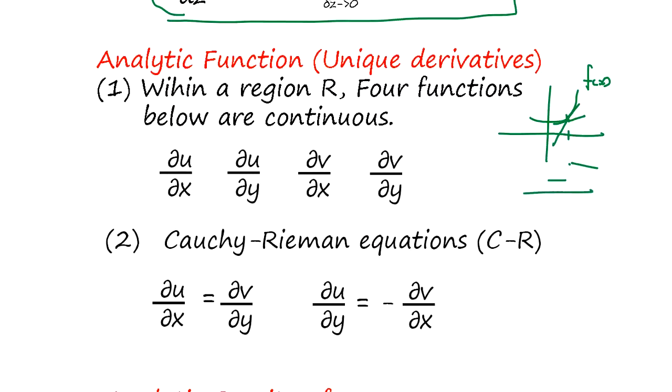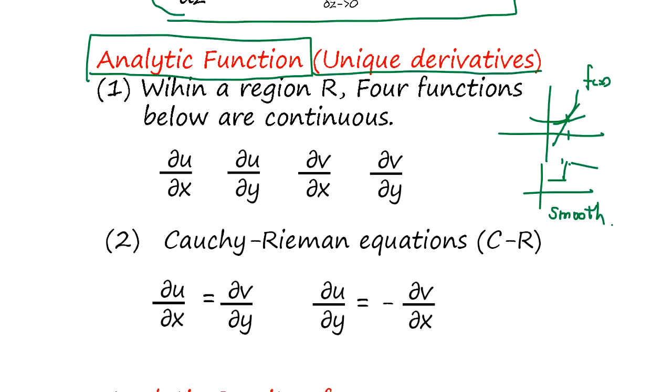So the derivative function becomes discontinuous. This is not smooth. The same analysis is done. The smooth function is called an analytic function in the complex variable. It has a unique derivative.